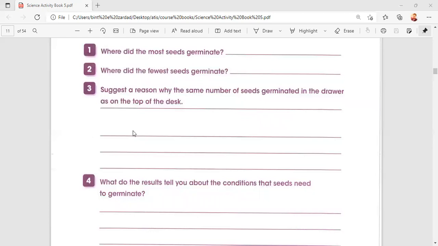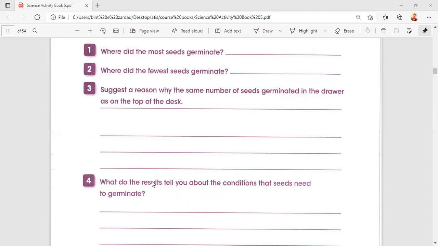The seeds in both places had enough warmth, air and water. The seeds had all the factors they needed for germination. That's why on the top of the desk and in the drawer, the same number of seeds germinated.